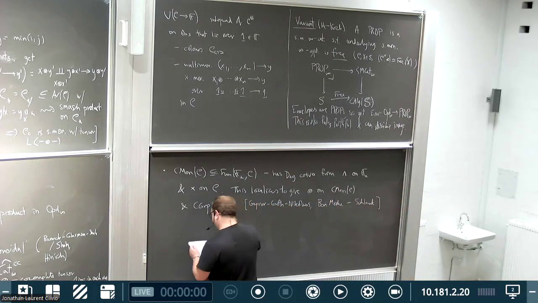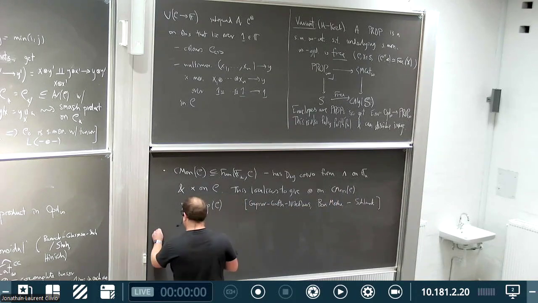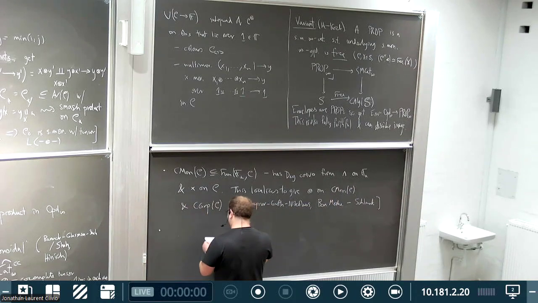Okay, and then finally, we mentioned one way to set up the smash product of spectra.